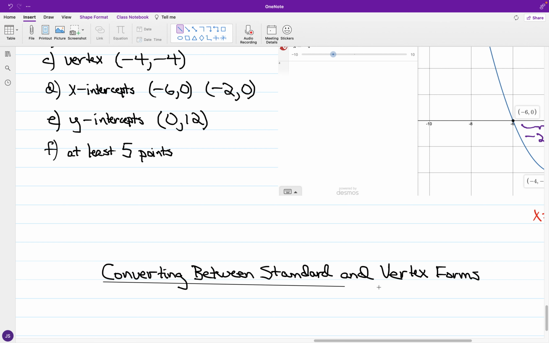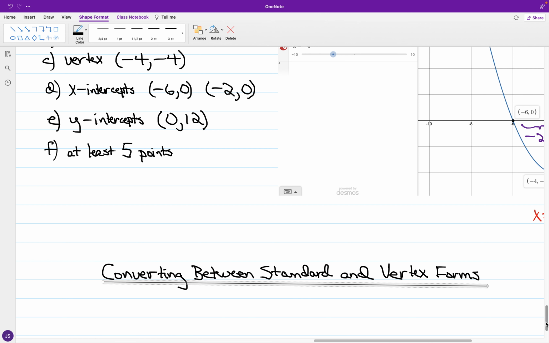Okay, so for this part, I'll just call this converting between standard and vertex forms.